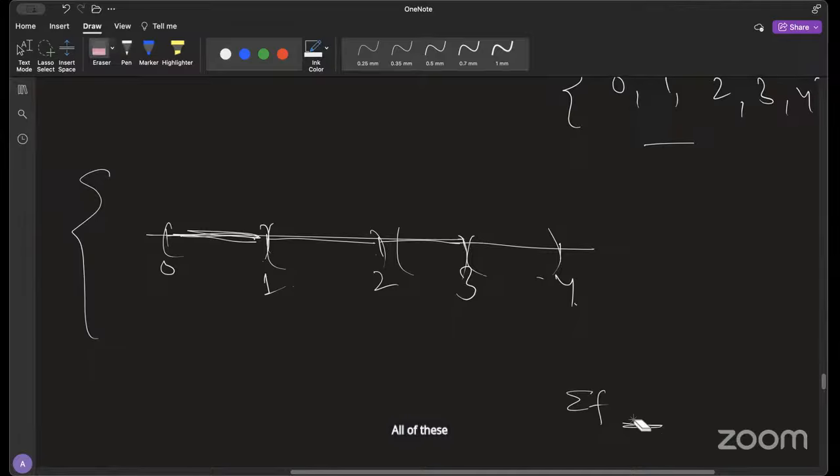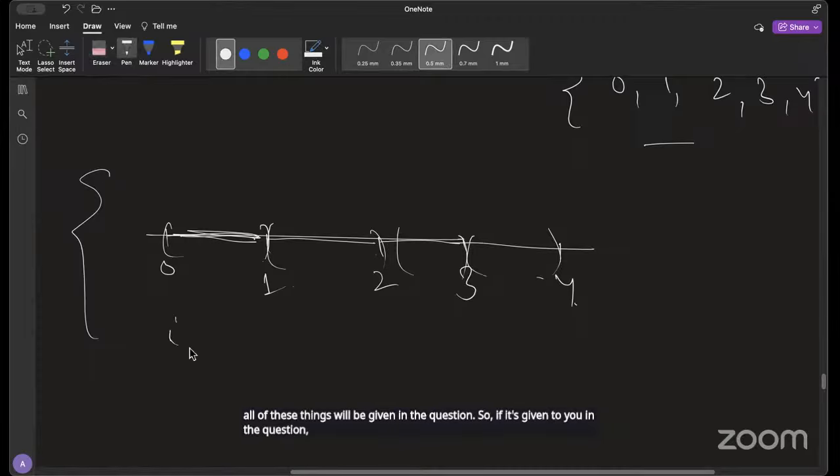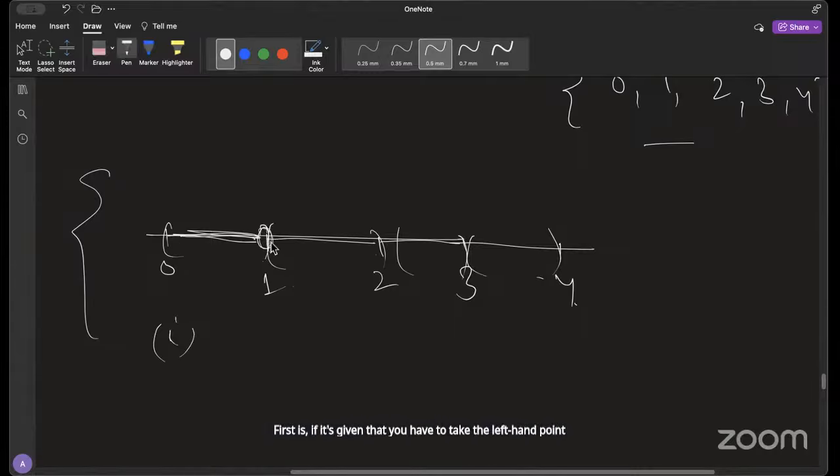All of these things will be given in the question. If it's given that you have to take the left end point of each subinterval, it's this one. For the first subinterval the left end point is this, for the second subinterval this, for the third subinterval this, and for the fourth one it's this. Then it's called the left Riemann sum.